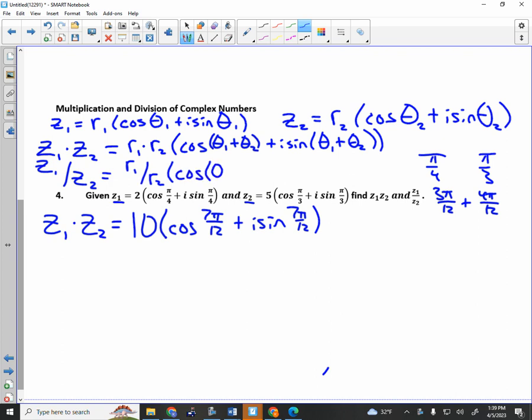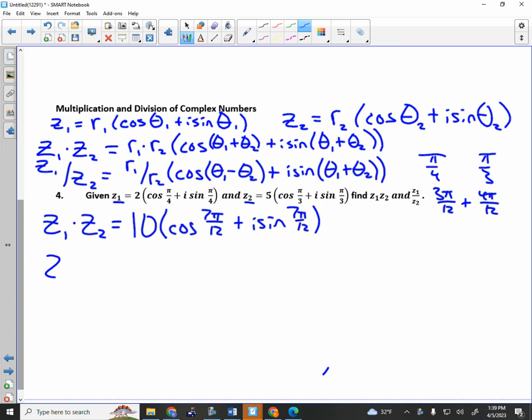We subtract them. So theta sub 1 minus theta sub 2. It is plus in the middle. Thank you. Other people made that mistake. Please just note the difference. Multiplying and dividing, adding and subtracting.